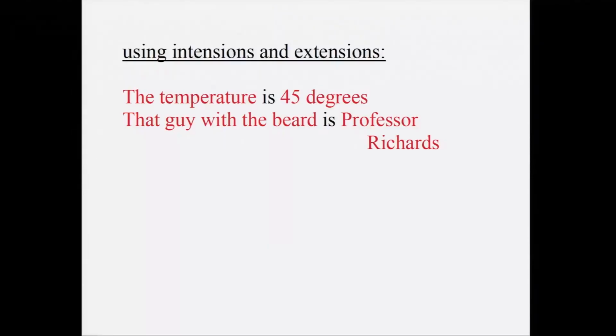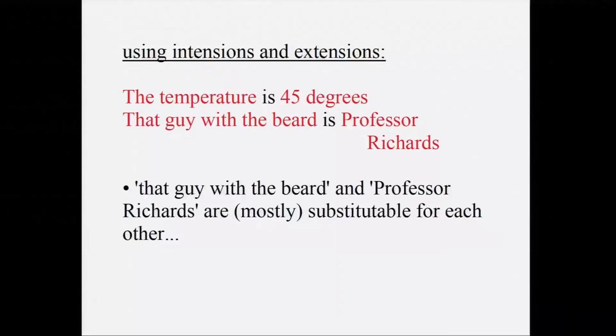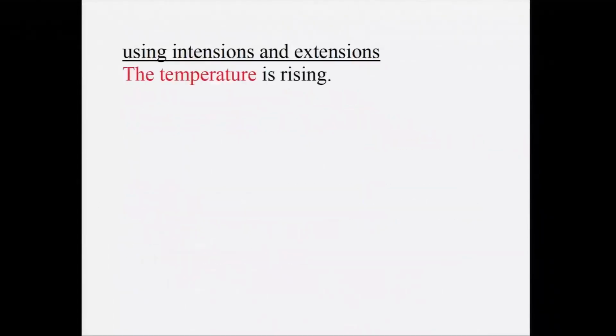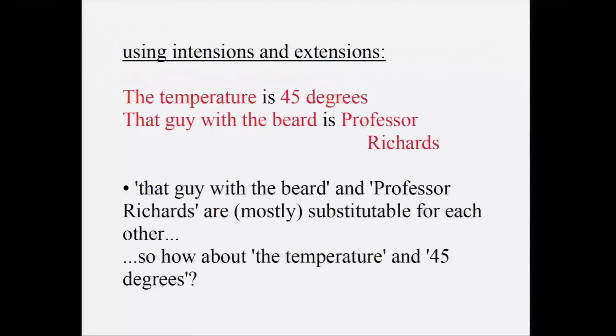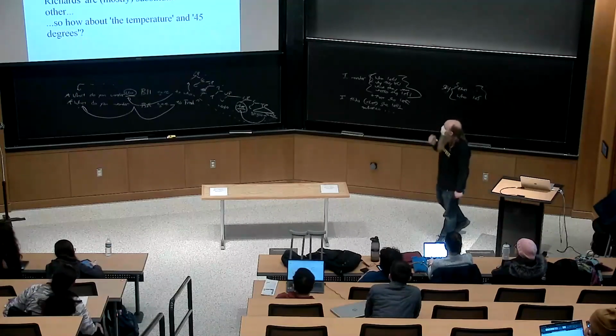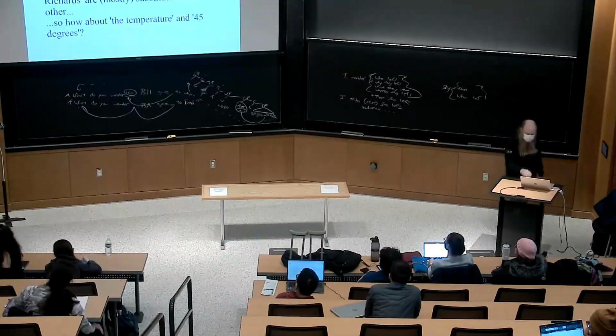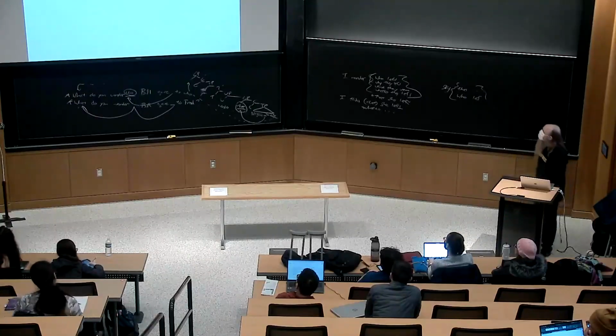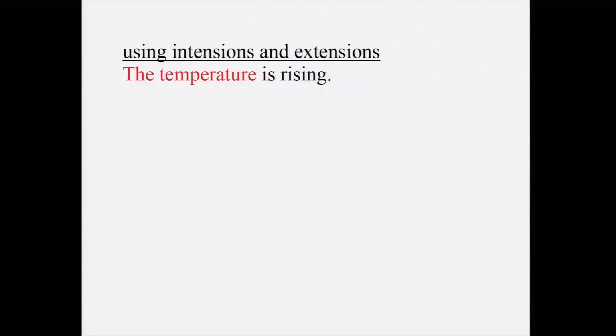So when we say the temperature is 45 degrees or that guy with the beard is Professor Richards, it's true that that guy with the beard and Professor Richards are mostly substitutable for each other, but we have to be careful with phrases like the temperature and 45 degrees. So the temperature has an intension and an extension, and its extension might be 45 degrees, but its intension isn't necessarily, which means that, for example, even if it's true that the temperature is rising, it doesn't follow that 45 degrees is rising. Yeah?